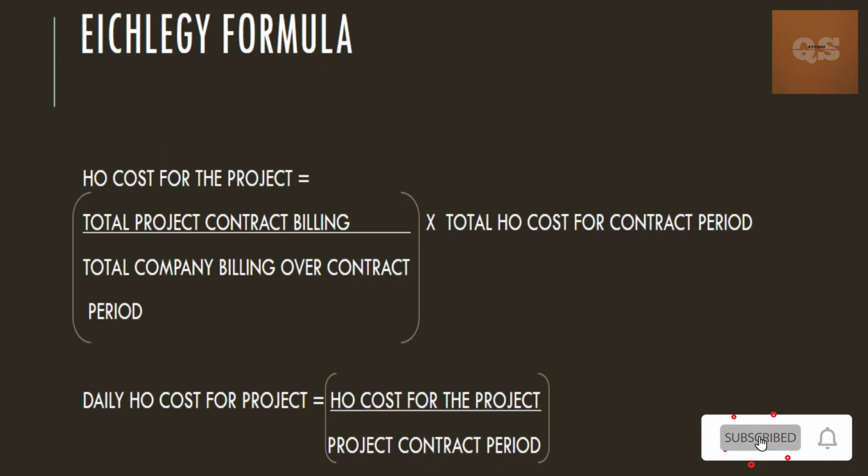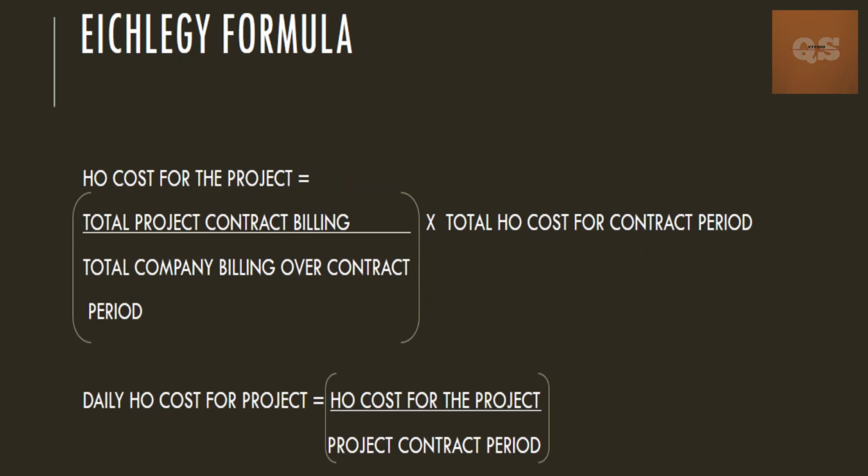That is, there might be 5 or 6 projects, so overall what amount of billing you have done during that contract period of your particular project for which you are finding out the head office cost, into the total head office cost for that period, that is the total expenses of your head office charges that has been incurred. So once that is found out, you will get your head office cost for that particular project.